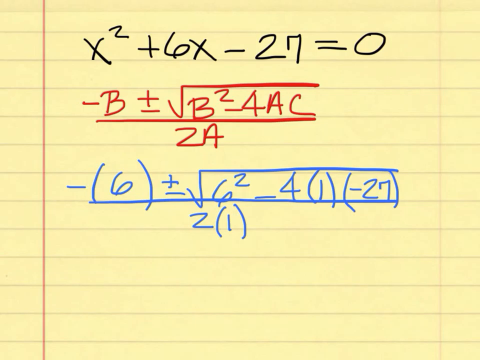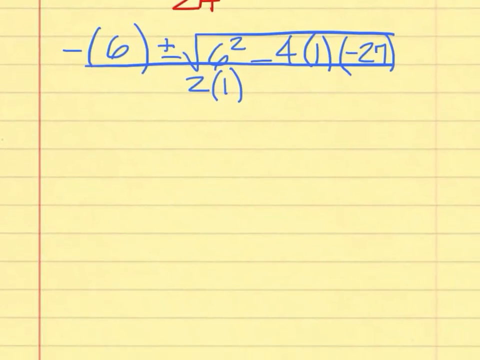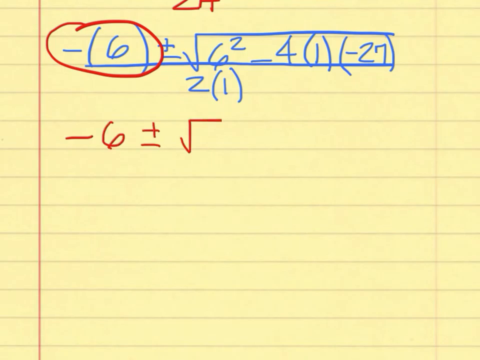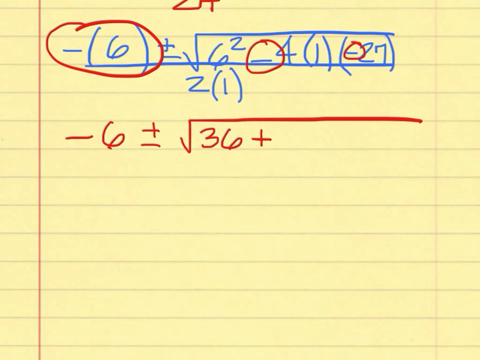This is the most important part. From here on out, it's just simplifying. So we have a negative 6 here. You write down negative 6 plus or minus. 6 squared is 36. You have a minus sign and a negative in that multiplication, so that makes it a plus. And 4 times 1 times 27 is 108.